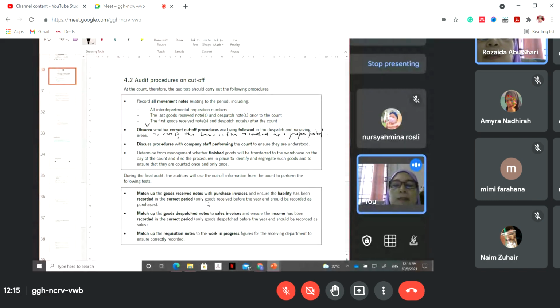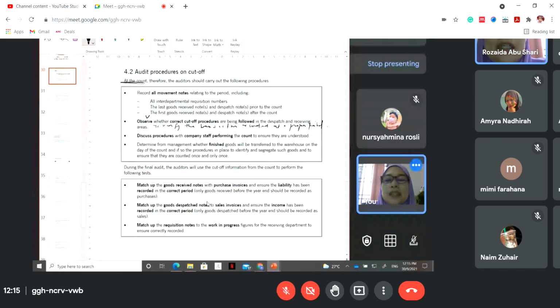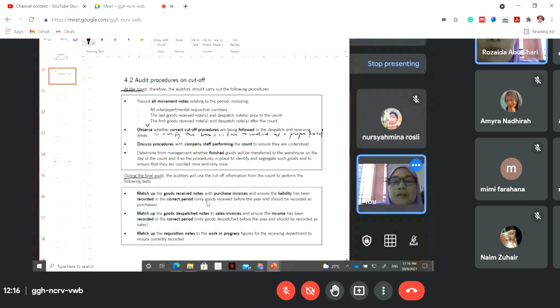Discuss procedures with company staff performing the count to ensure they are understood. So this is also a procedure for cut-off, at the count. During the final audit, the auditor will use the cut-off information from the count to perform the following tests.